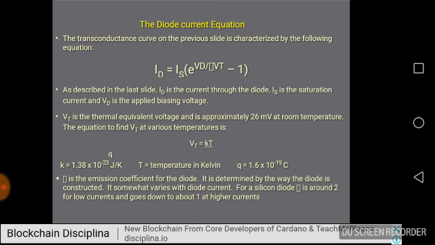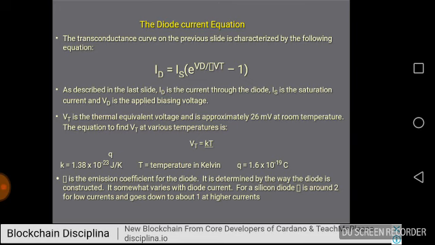For example, for a reverse biased diode, when you increase the temperature, the reverse saturation current gets increased. The thermal voltage Vt is kT by q, where k is Boltzmann's constant, T is temperature in Kelvin, and q is the charge, 1.6 times 10 to the power minus 19.